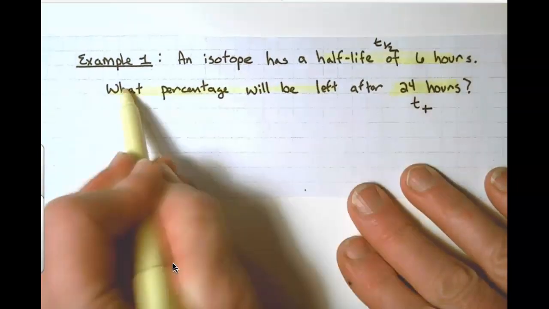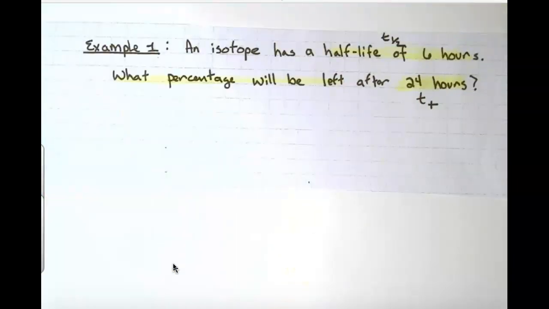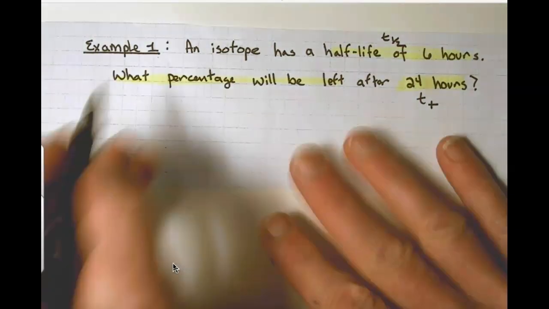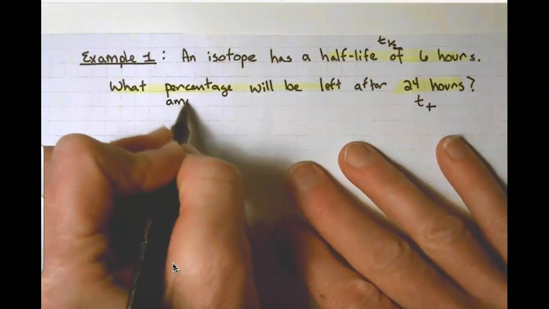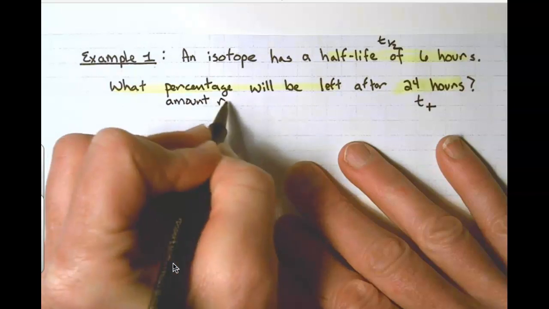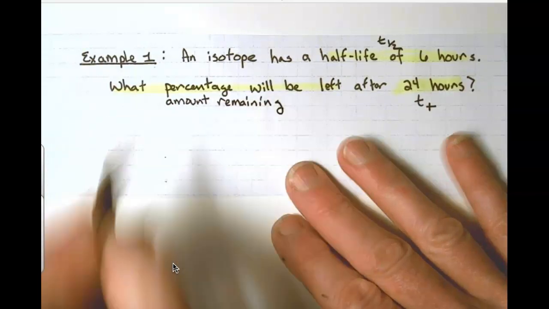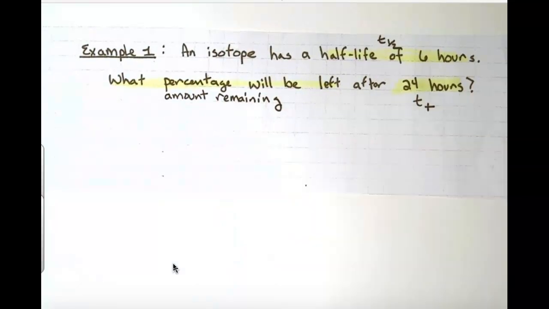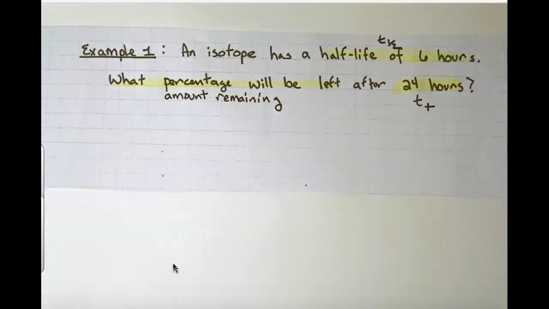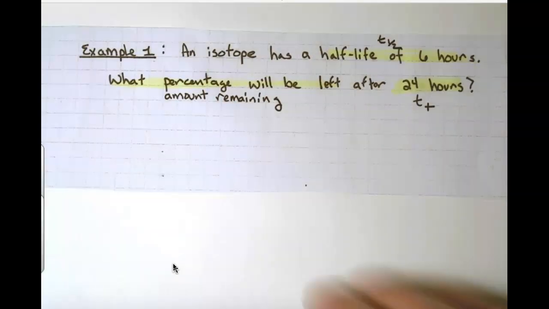Well, that means the amount remaining. This is amount remaining. Now the trick with a percentage problem is, if they're asking us what percentage is left, we're always starting with 100%. So let's go with our formula.